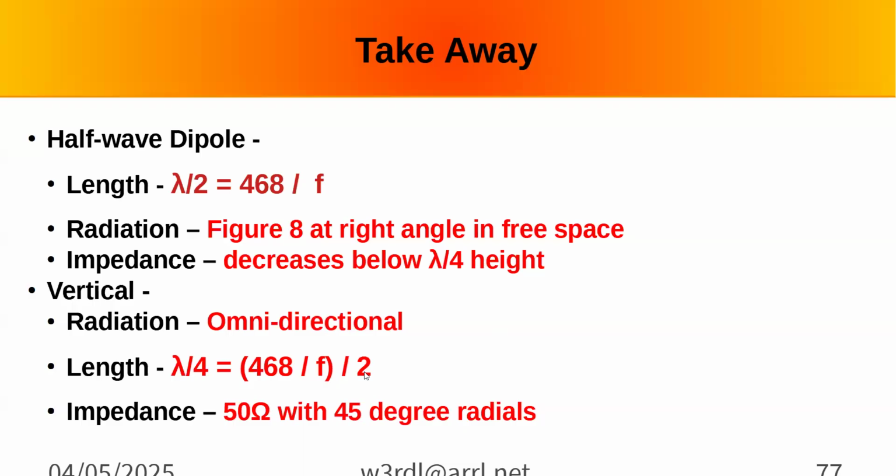It's the same formula, just half of it. And the impedance of the vertical is 50 ohms if you have 45-degree radials. Otherwise, it's 35 ohms, assuming there's no matching transformer as part of it, which mine has, which is supposedly why it doesn't need radials.